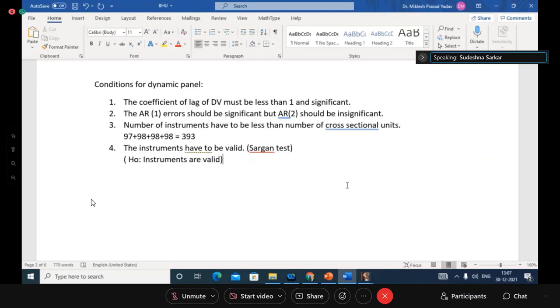No, actually we can run it, but if the result is not good, it should be less than. Can we reduce the number of lags or do anything? I'll tell you the criteria. I'll tell you how we can do it.